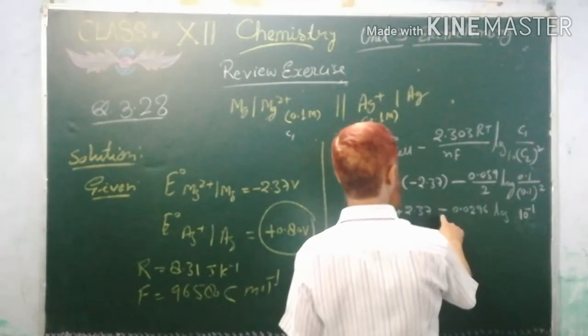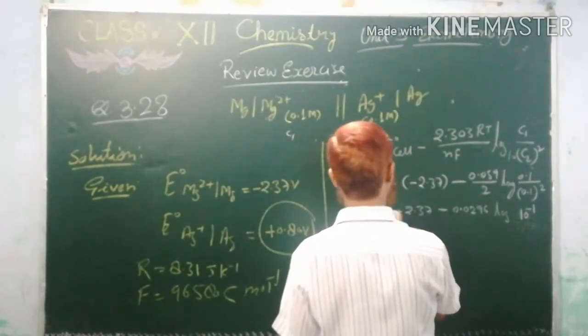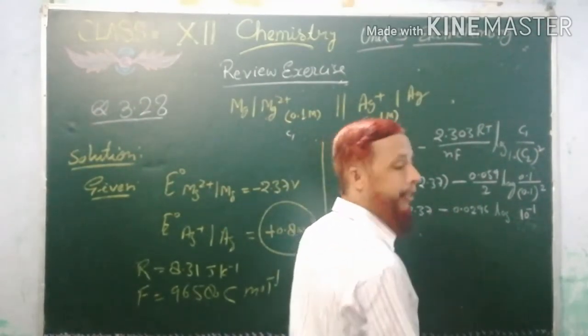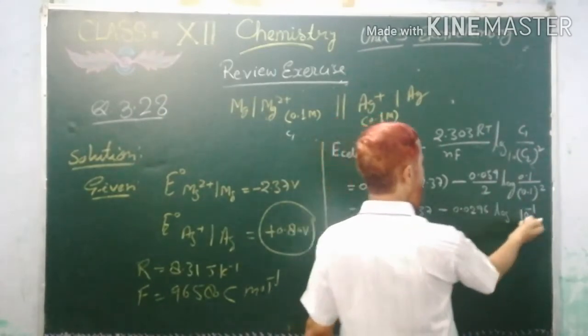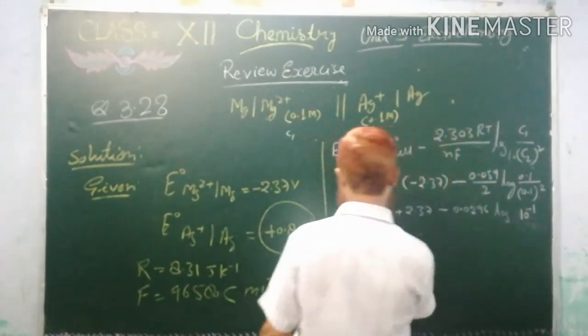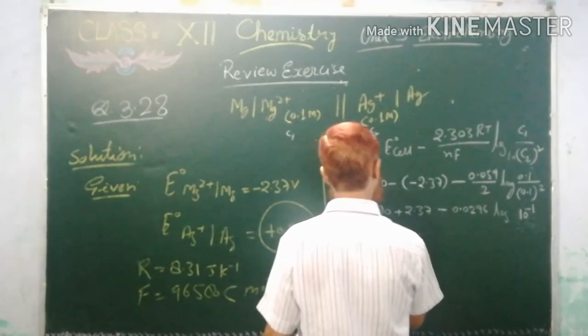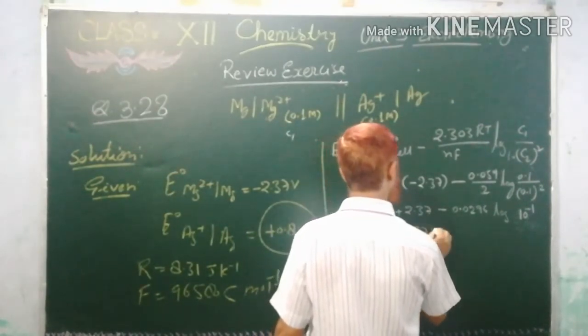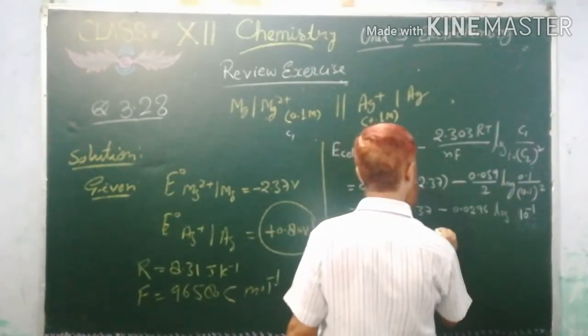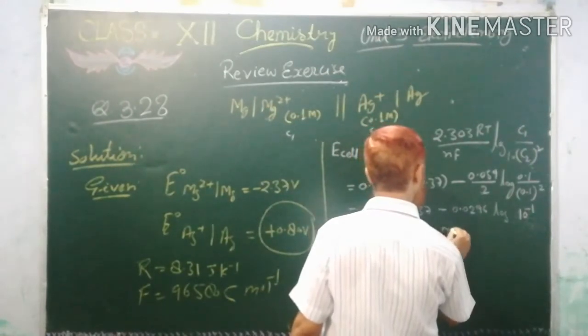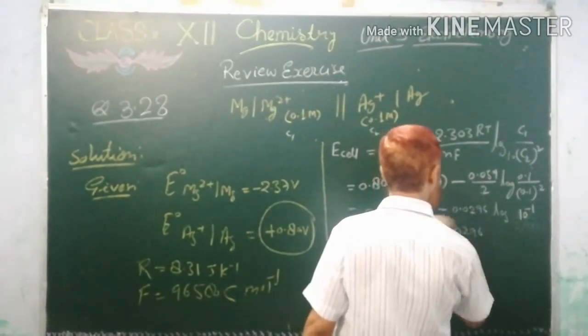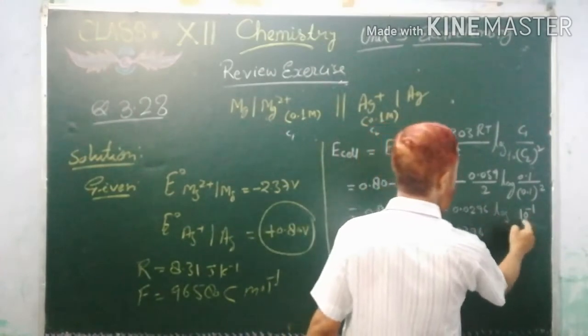This will be multiplied here, and this and this will be added, that will be your final answer. So when we multiply here, next it will be 0.80 plus 2.37 and this will be plus 0.0296 because the value of log 10 equals 1.